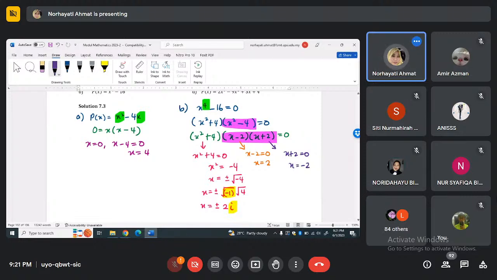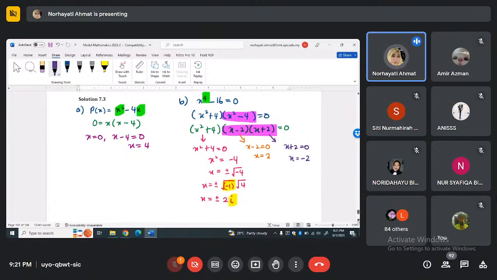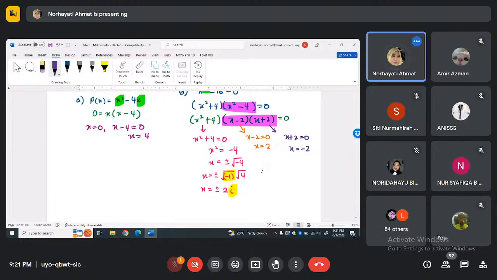So from here, the roots of this polynomial are, sorry, kita tulis macam ni. X equals to negative 2, 2, negative 2i, and 2i.